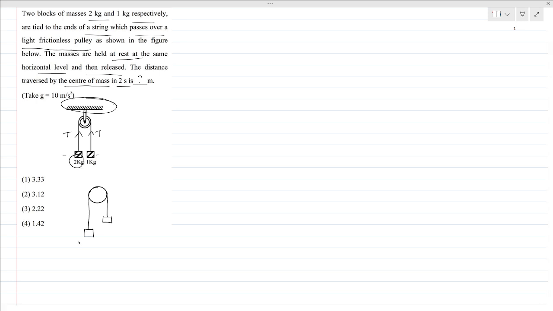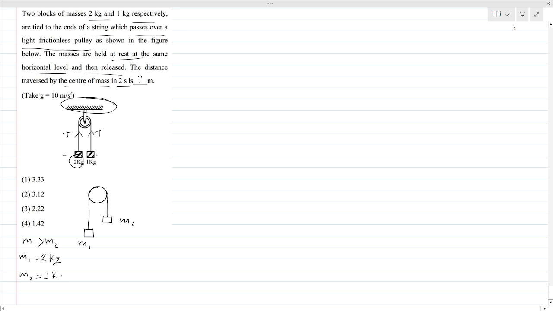Here we can take M1 and M2 as the masses attached to the pulley. Here M1 is greater than M2, as M1 equals 2 kg and M2 equals 1 kg.